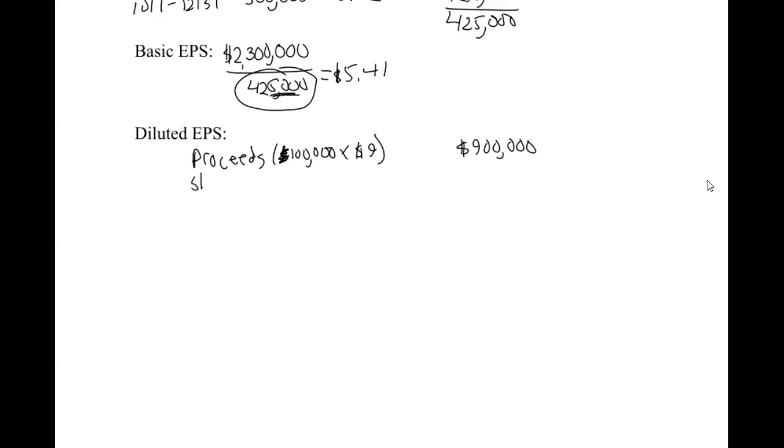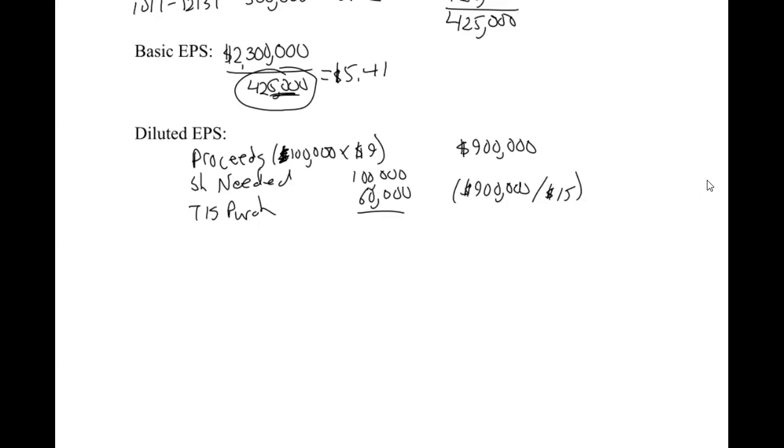The shares needed were 100,000. For the treasury stock that we could purchase, we take the 900,000, and since there was an actual exercise during the year, we use the price on that date, which was $15. We can buy 60,000 shares. That means we have incremental shares of 40,000.